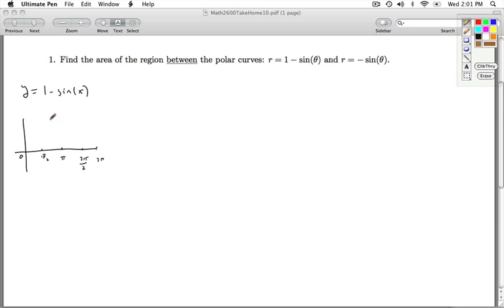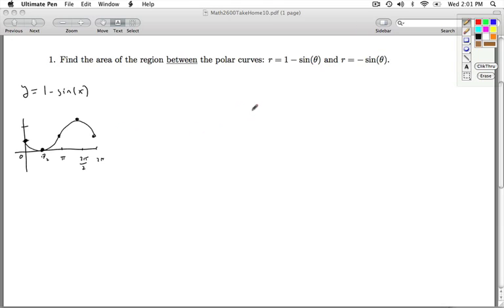I substitute in the 0, I'm up at 1. Substitute in the pi over 2, I'm at 0. Substitute in the pi, I'm back at 1. At 3 pi over 2, I'm up to 2. And at 2 pi, I'm back to 1. I connect the dots in a pleasing fashion.